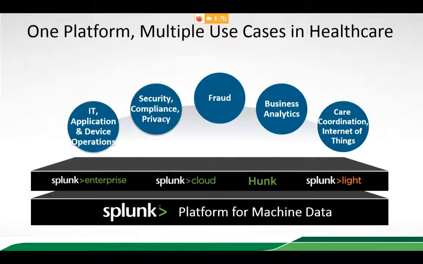Correct. So by stating that, there are major components, and here you can understand the basic architecture. The bottom layer is the machine data platform. As I said, it's the core platform. On top of it, you have multiple flavors which you can use, or we can propose to the customer. One is Enterprise, which is a software solution you can install on-prem, in the customer data center.